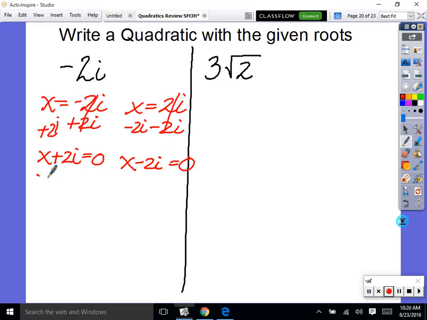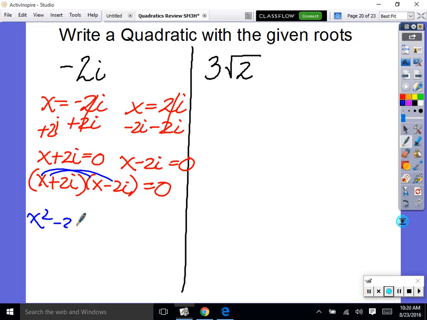Before they were split apart, they were multiplied together: x plus 2i times x minus 2i. And now we're going to double distribute. x squared minus 2ix plus 2ix minus 4. Are we paying attention to this part?